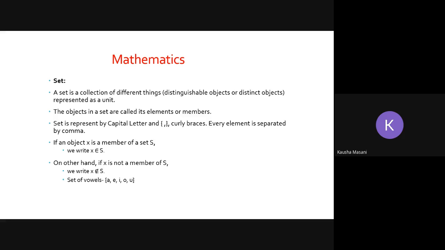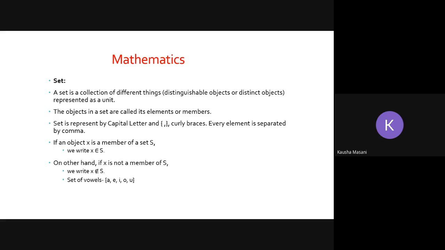So if I say set of natural numbers, it is capital N. Set of integers, it is capital Z, right? So capital N is my set representer. In between the curly braces, I am going to write the members of natural numbers 1, 2, 3, 4, 5, 6. So those become my elements or my members. Every element which I'm writing in between my curly braces is separated by a comma.